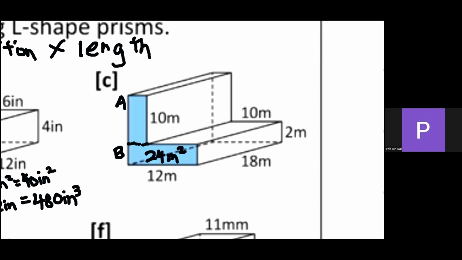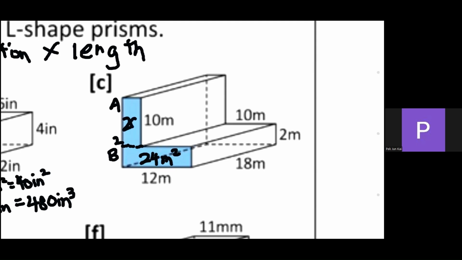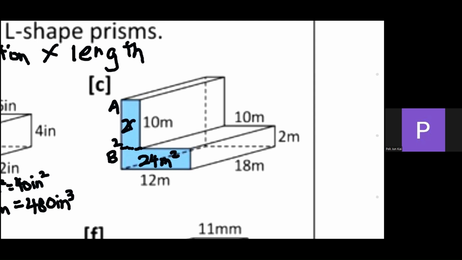And for part A, it would be 10 meters multiplied by 2 meters. Since to get the length here, we will need to minus 12 meters with 10 meters to get 2 meters here. So the area for part A would be 20 meters square.